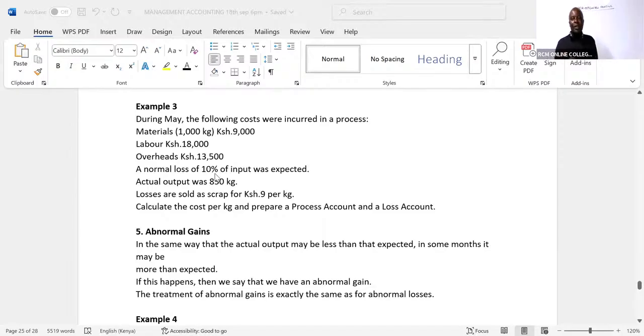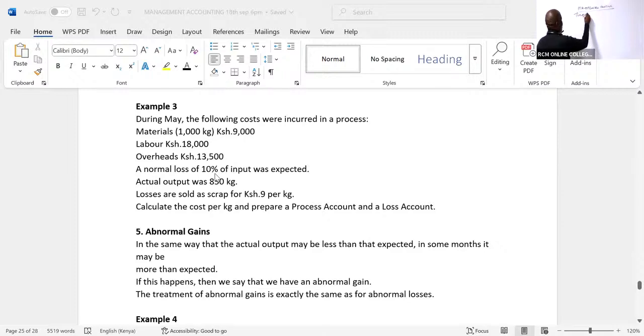What do you think, ladies and gentlemen, will be the very first thing for us to do to tackle this question effectively? Can you kindly tell me? Yeah, we should develop what we call a throughput account.